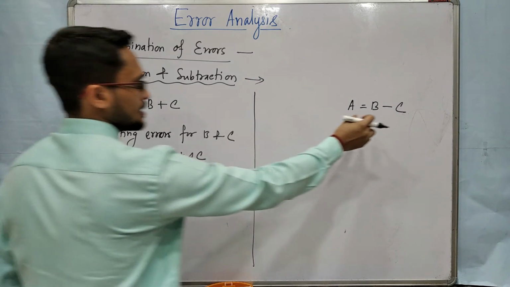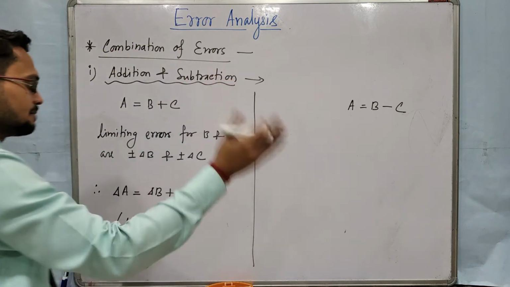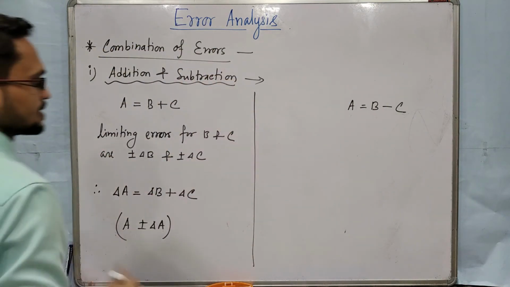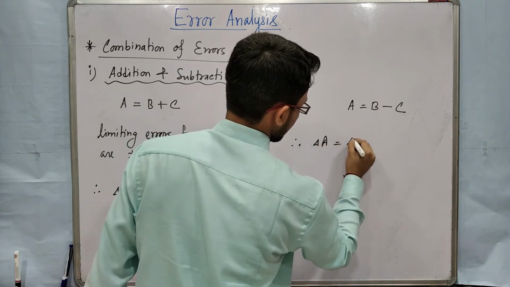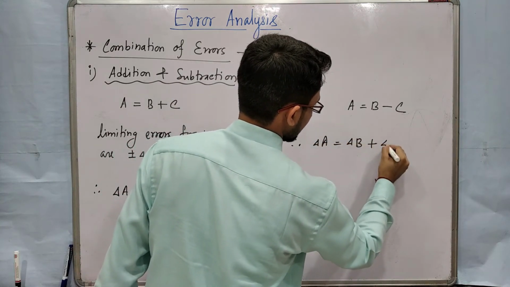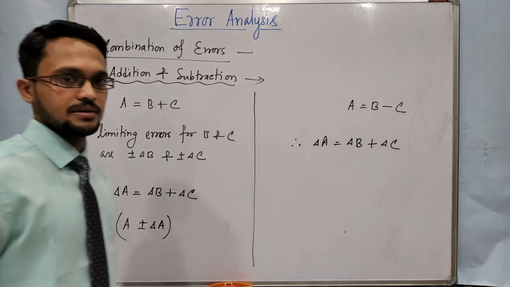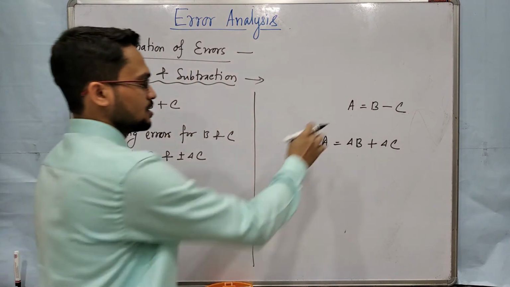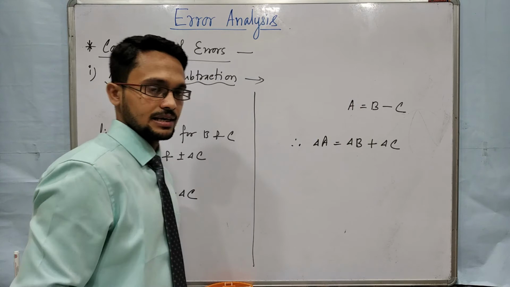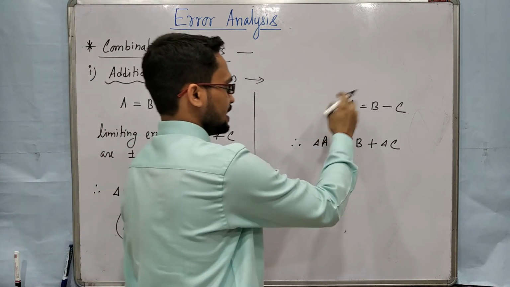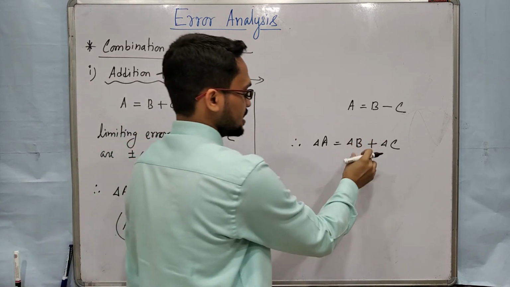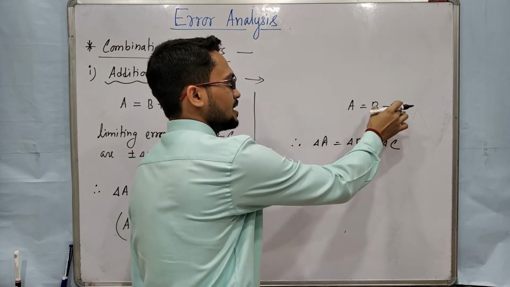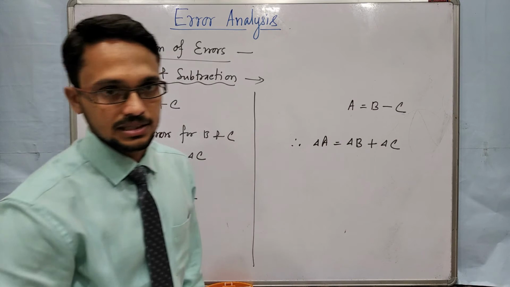Here also, the subtraction A equal to B minus C, but the error in A will be delta B plus delta C. So whenever you are calculating the error of this derived quantity, that error will always be additive from the errors of individual physical quantities.